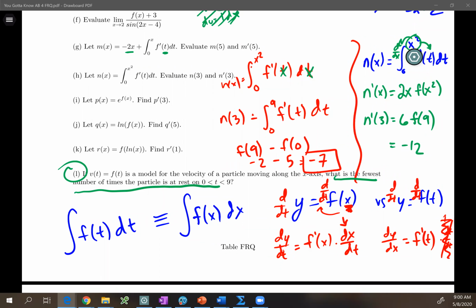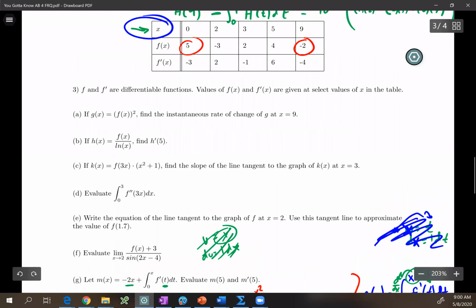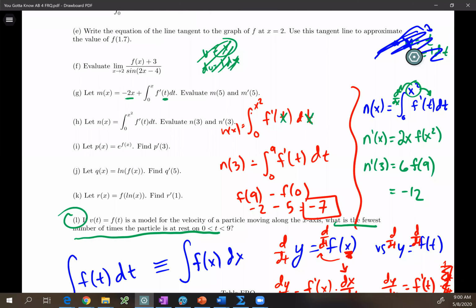So what happens is, because they're saying V of t equals F of t, and it wants to know when it's at rest, at rest would be that V of t equals 0.